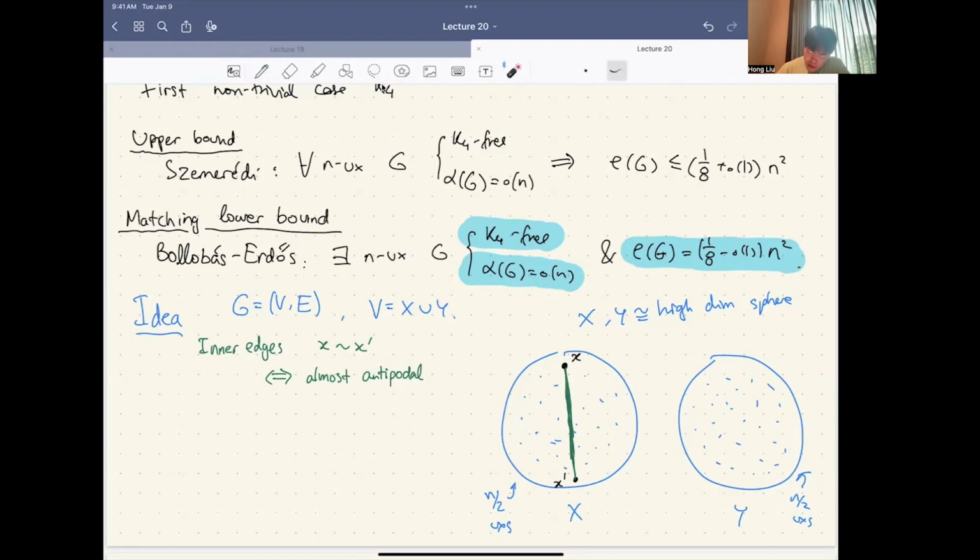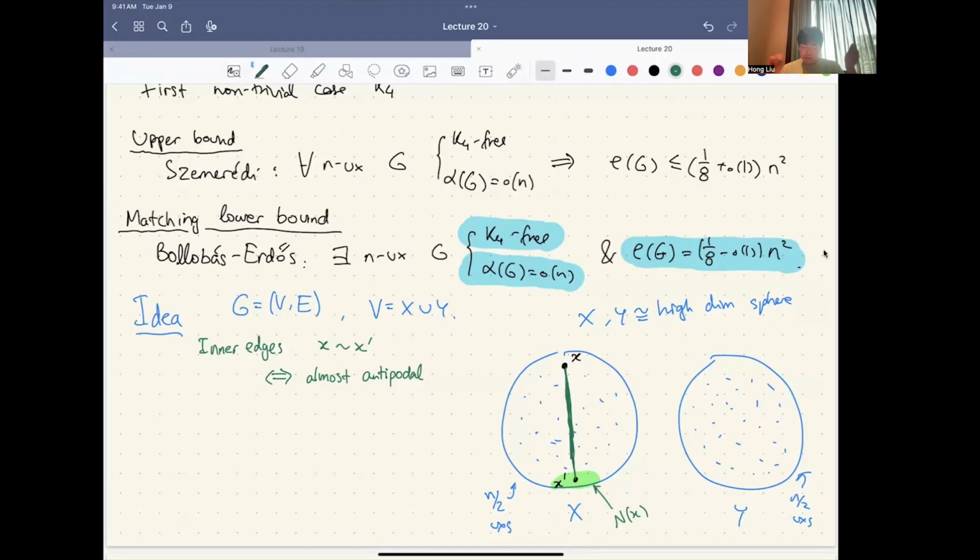So this vertex is only adjacent to a small spherical cap here. Let me draw it. This is the neighborhood of x. Is that clear? Ask a question in the chat if anything's not clear.